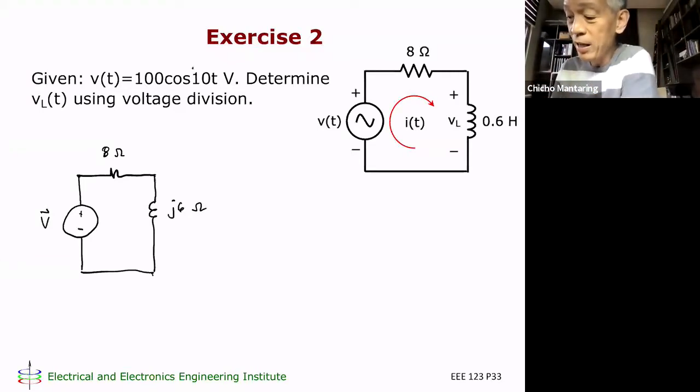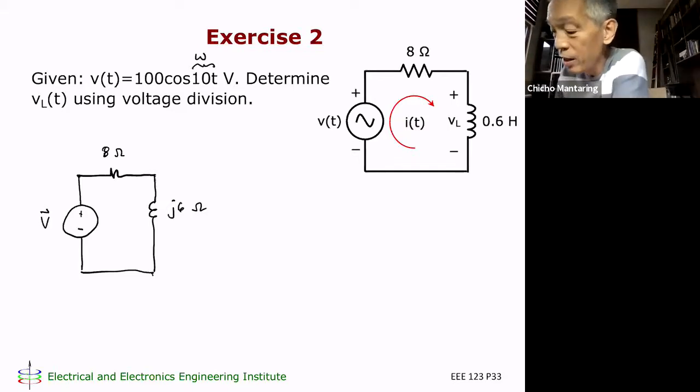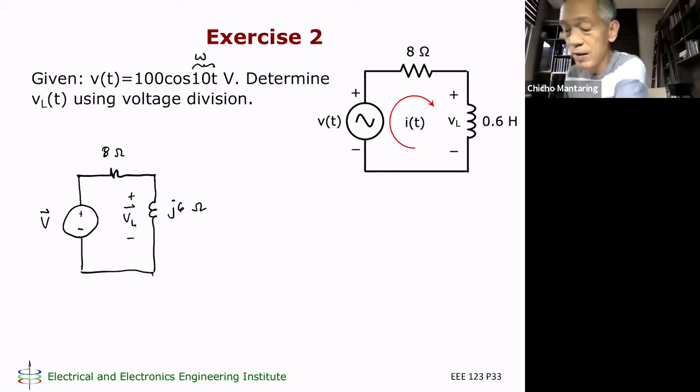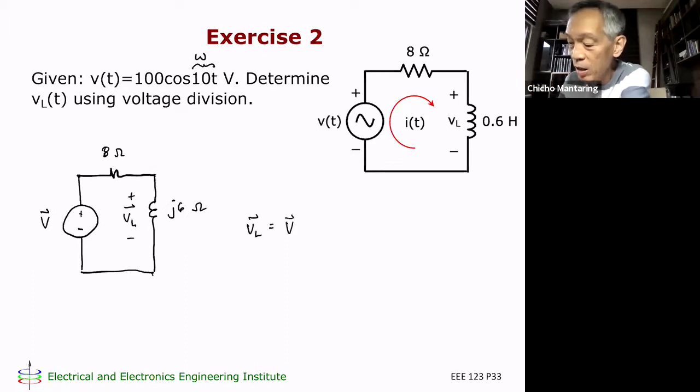Remember, omega is 10. So using voltage division, what is V of L? V of L is just V multiplied by j6 over 8 plus j6.